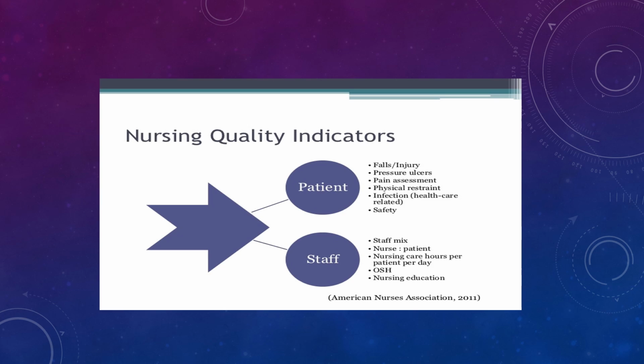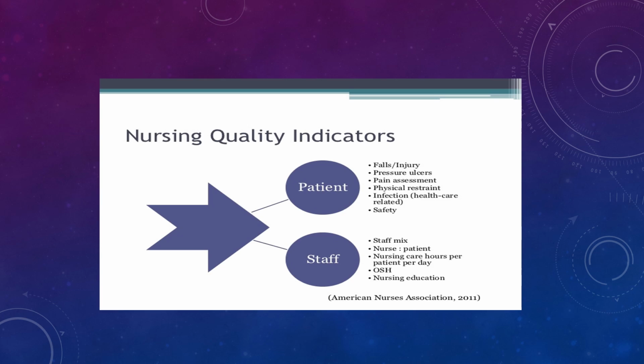Are we helping these patients to have a pain assessment? Are we ensuring that we don't use physical restraints, or that we use physical restraints only as a last resort? And if we do have to restrain the patient, are we monitoring that patient? Are we ensuring that the patient is not getting a healthcare-acquired infection?